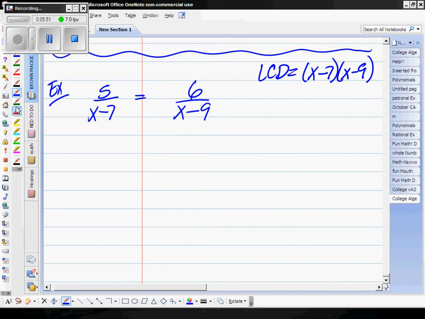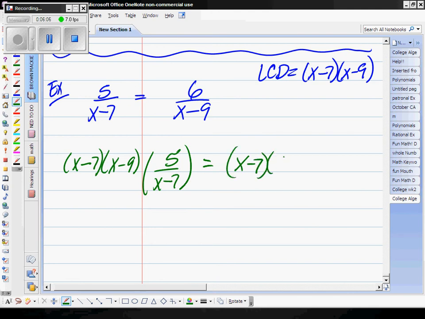Okay? So we multiply everything by the LCD. So that'll be x minus 7 times x minus 9 times 5 over x minus 7 equals x minus 7 times x minus 9 times 6 over x minus 9.